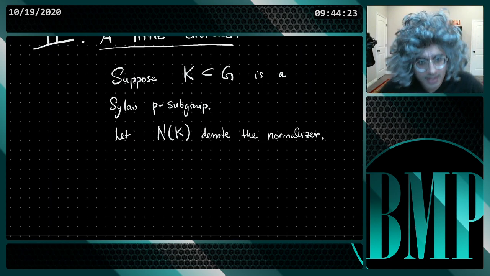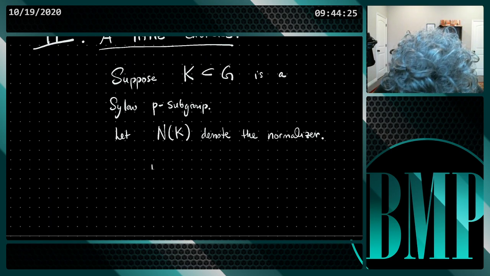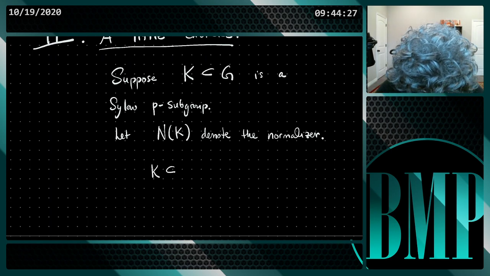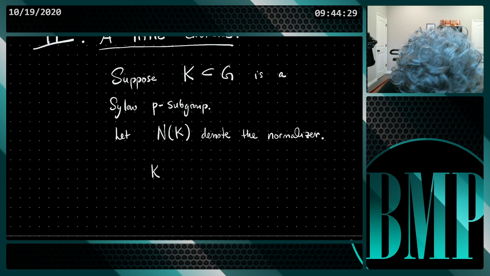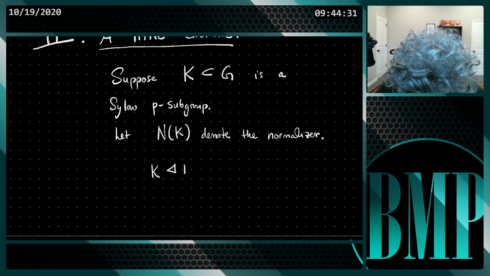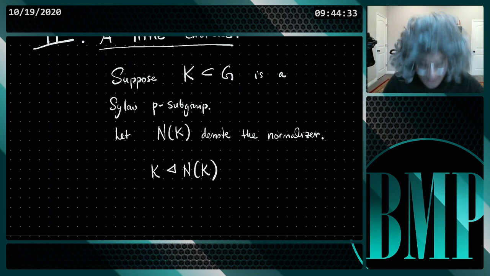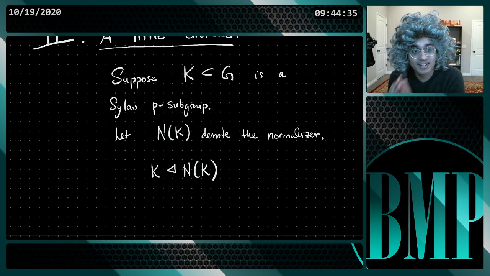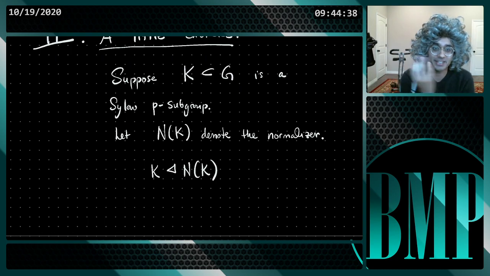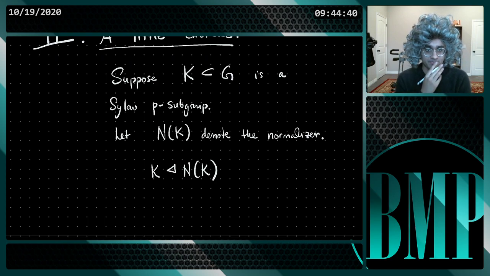Remember, the normalizer always, of course, contains the original subgroup. And the original subgroup is normal in the normalizer. That's kind of the point of the normalizer.